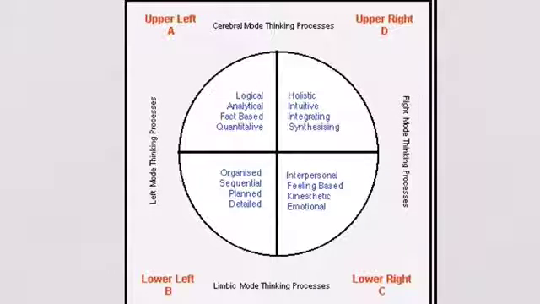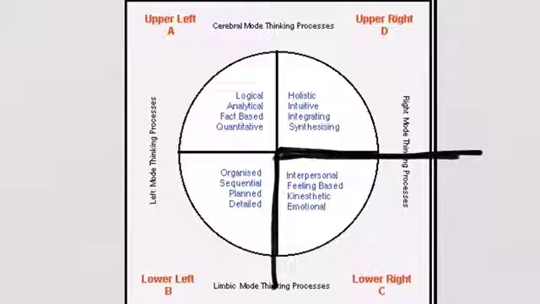And inner dance seems to be particularly focused on lower right C. This is where a lot of the spontaneous movement happens, especially when you look at some of these words like interpersonal or feeling-based, kinesthetic, or emotional.